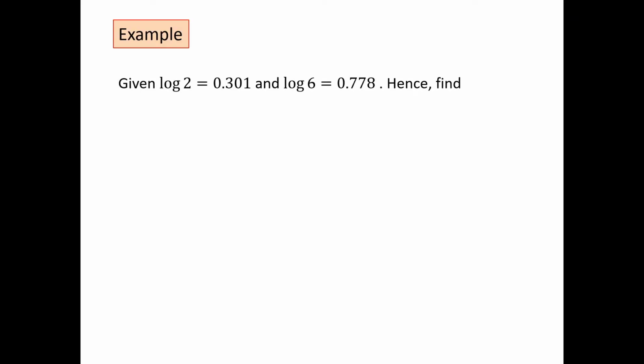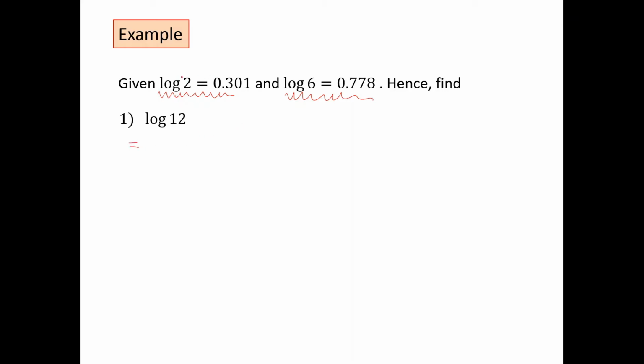Given log 2 or log 2 base 10 equal to 0.301 and log 6 equal to 0.778. Hence we are going to find log 12 by using these two pieces of information.